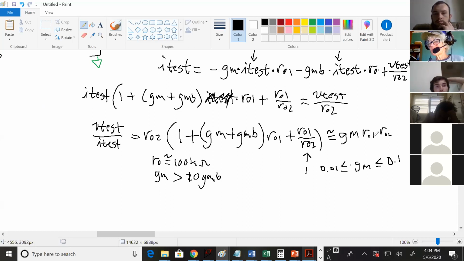So you're dividing this by 100, but you have 100K times 100K. So it's still gigantic. It's mega ohms. But yes, it does bring it down a little bit.